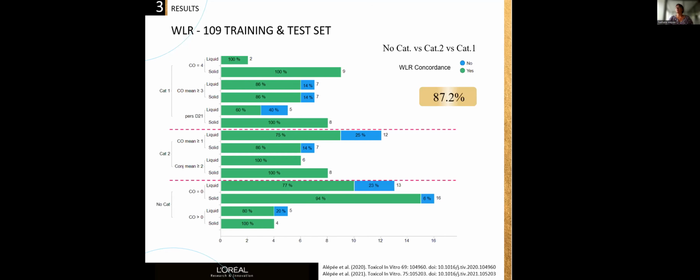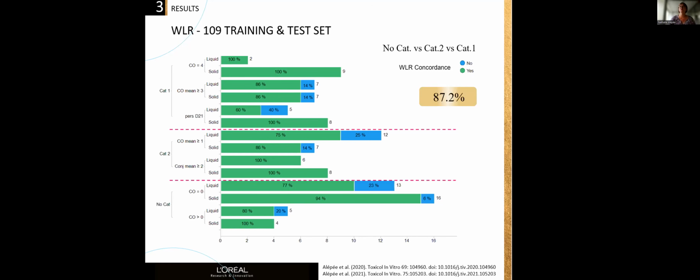Once we did that, what was important for us was to look at the reproducibility of these methods. And so what we did was to perform an internal reproducibility evaluation of all the chemicals that were tested within L'Oréal. We did that on 109 chemicals that combined training and test sets. And the reproducibility was above 87%.